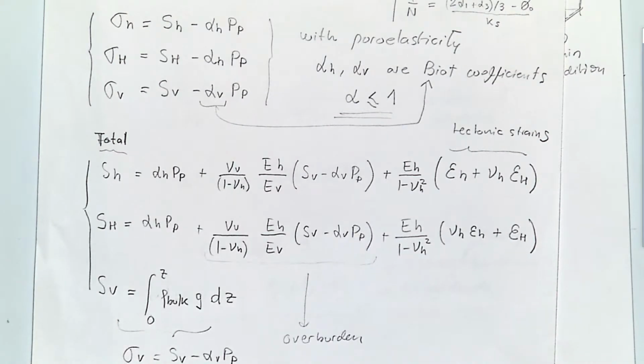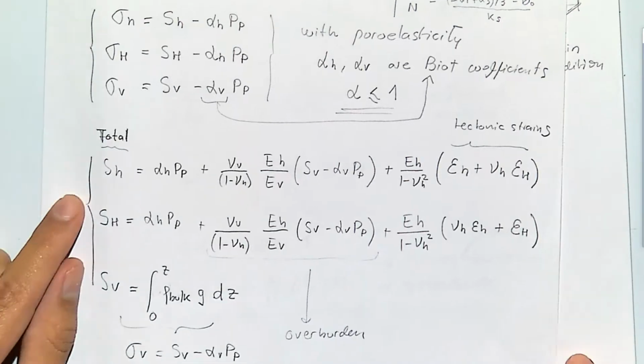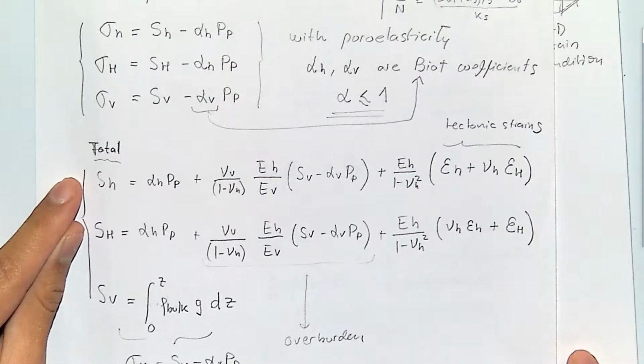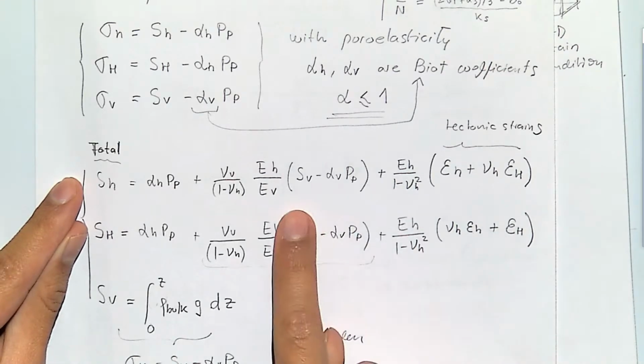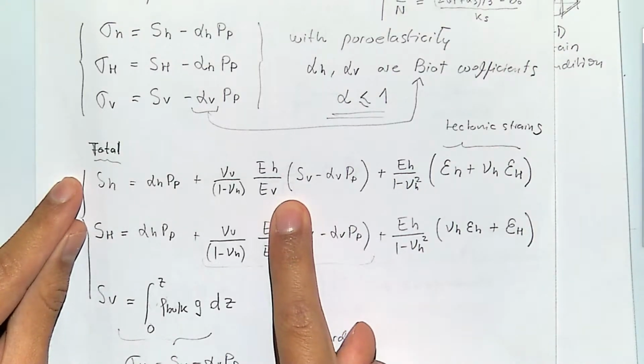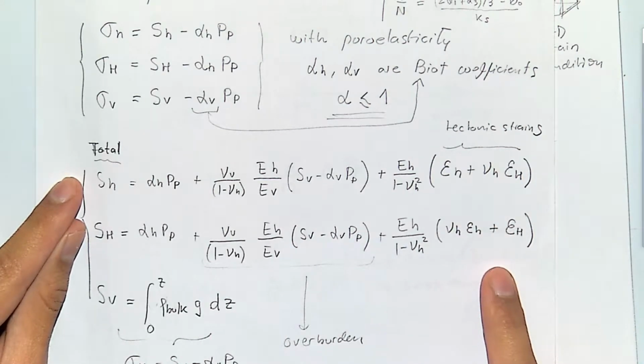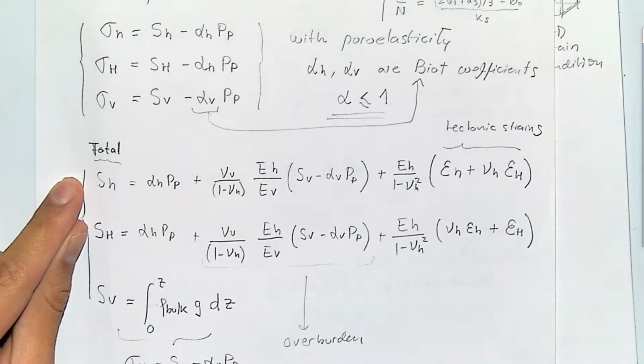You remember that we had previously calculated horizontal stresses as a function of Young modulus and Poisson ratio and tectonic strains, which are over here, for an isotropic medium. And then we extended this for an anisotropic medium.